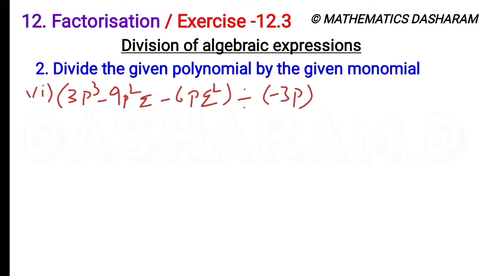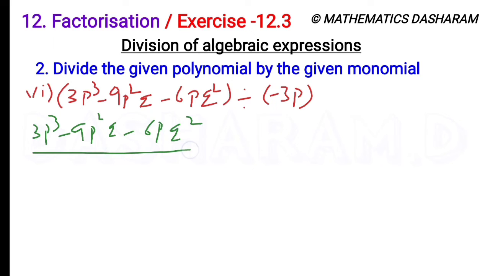So sixth question: 3p cube minus 9p square q minus 6pq square, all divided by minus 3p. So 3, 9, 6 all are coming in 3 tables, so 3 common into, next here p cube, p square q, pq square.